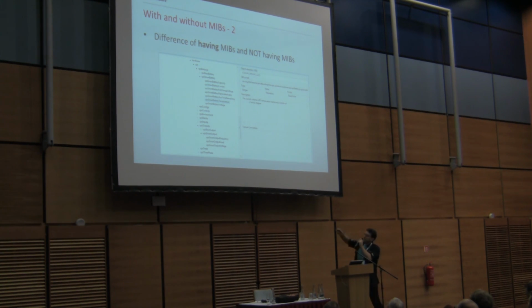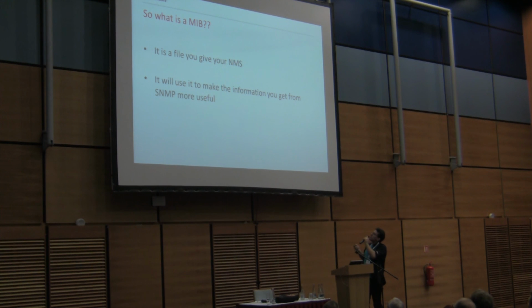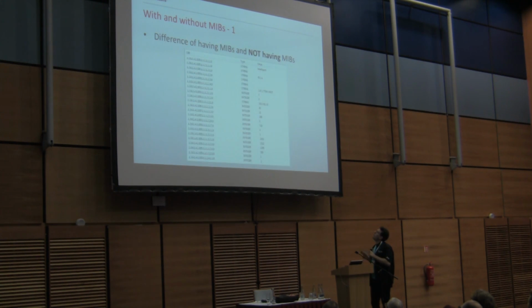So all this information is pulled from a MIB. That's why I said that basically MIBs, you give them to your NMS and they make the information you get from SNMP more useful by giving you context and giving you details about the data that's exposed over SNMP.